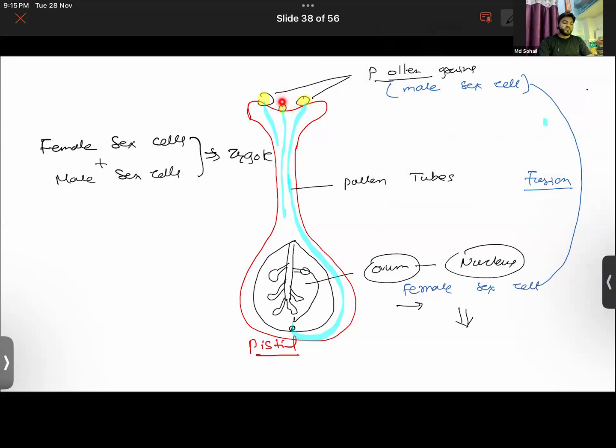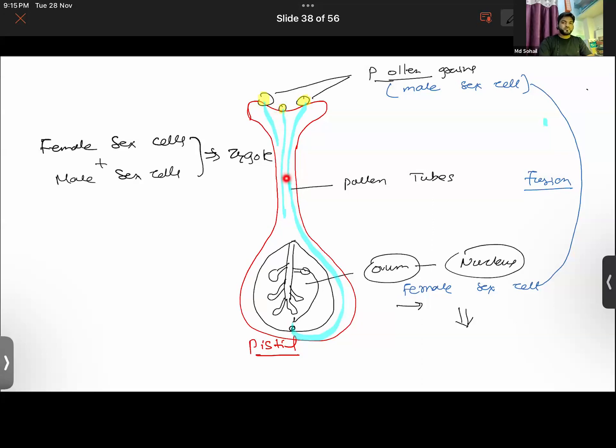If several pollen grains stick onto the stigma, it can't be that all of them will form pollen tubes and fertilize this single ovum. No, that is not the case. Only one of them will form a pollen tube and reach the ovary to fertilize the egg cell and form the zygote, while the rest of them will simply be lying there and wasted.